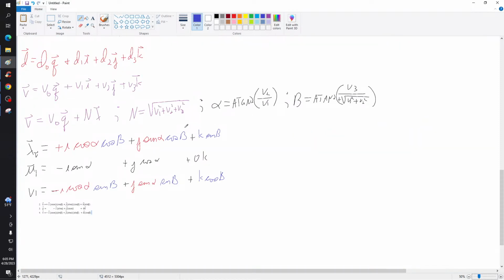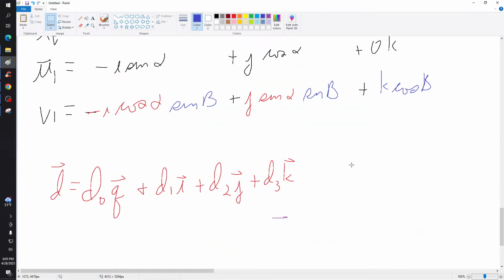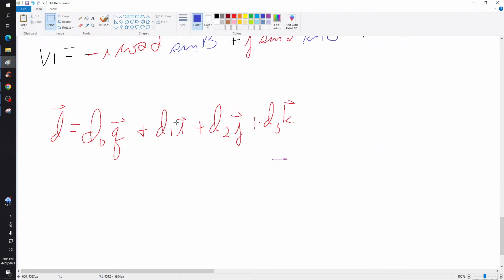So where do mu2 and nu2 come in? Well, that actually comes with d. The first thing we have to do is take d in this form and write it as an equivalent vector, but not with i, j, k axes, but with the lambda mu nu axes.